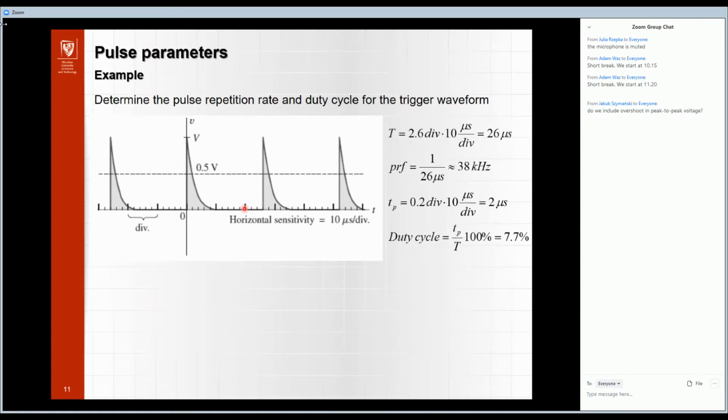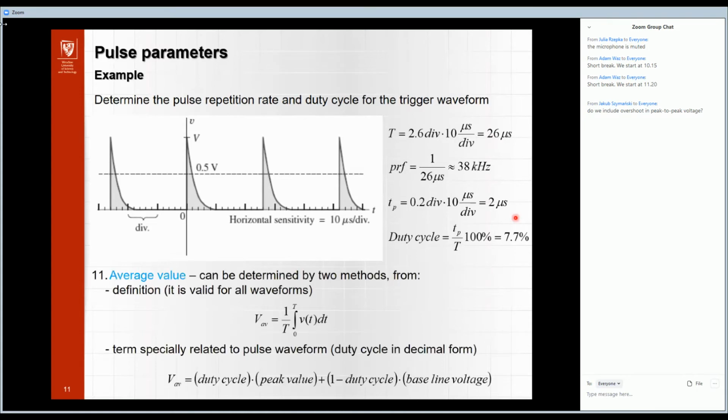We have 1, 2, and 2, and 3.5 from this one, so we obtain 26 microseconds. Now we can calculate the frequency for that, and also the time connected with the width of this pulse. And when we know the period and the width, we can calculate the duty cycle of such a signal.